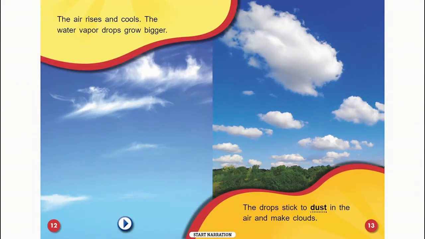And then the drops get bigger and bigger as they cool down. And they stick to dust in the air and they create clouds. So the water vapor rises up and cools down. And then it starts to stick together and create the clouds that we see in the sky.